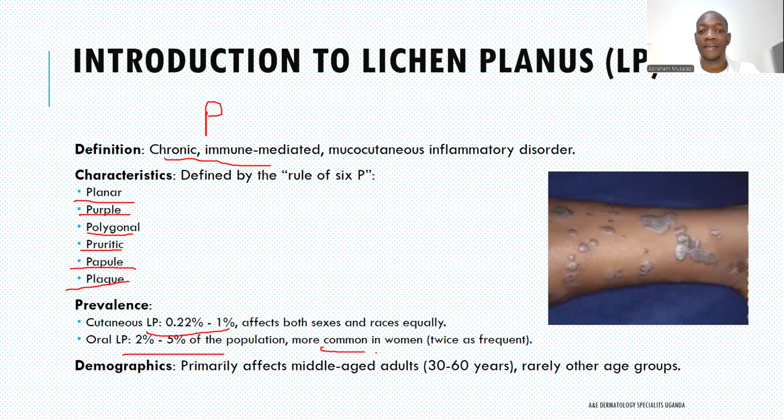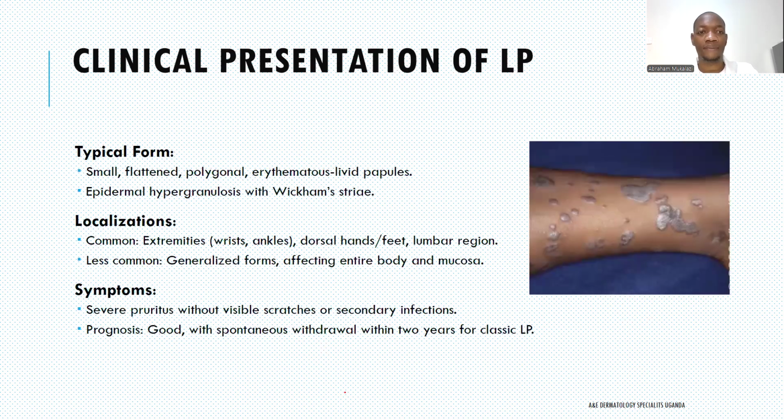However, it's more common in women compared to men, and they say it is twice as common in women. Typically, the peak age of onset is between 30 to 60 years. However, other groups can be affected, and it can also occur in children, though very rarely.